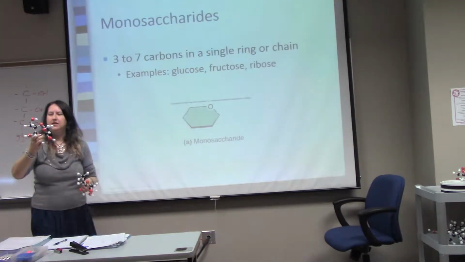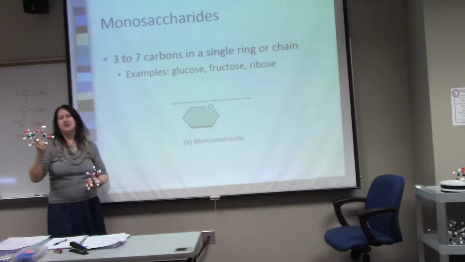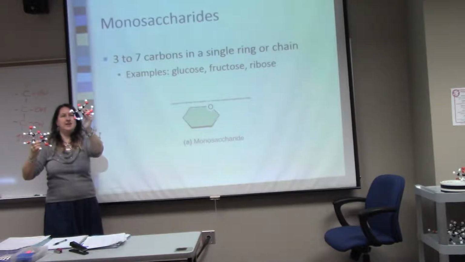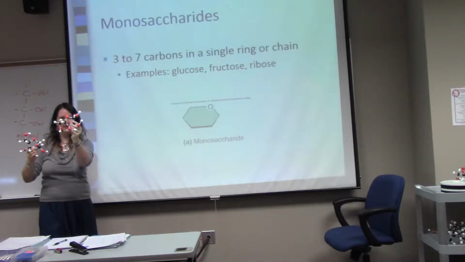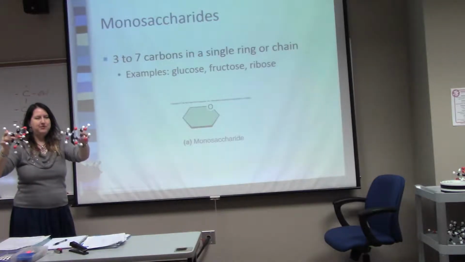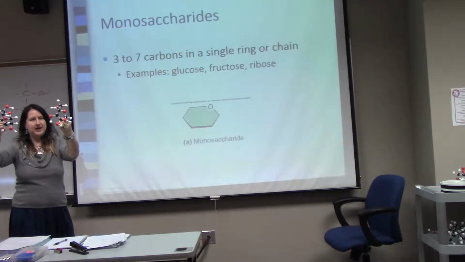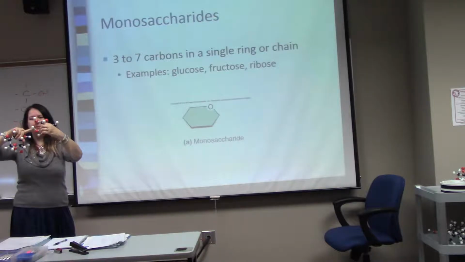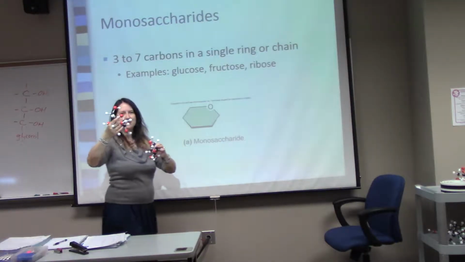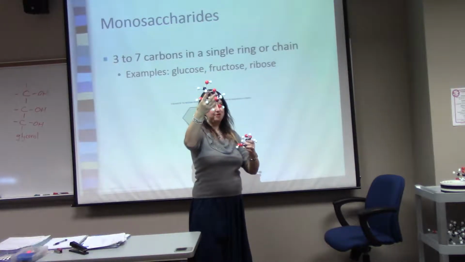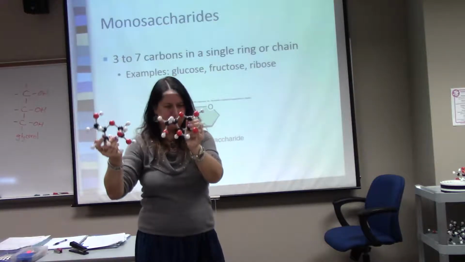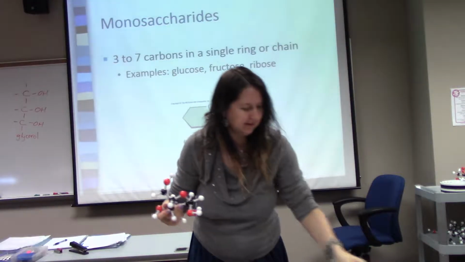Sometimes we'll give it a number ose for how many carbons are in it. So a pentose has 5 carbons, hexose has 6 carbons. Both of these examples are forming the ring, and you can see where each carbon has an oxygen attached to it. And one of those attached oxygens dropped its hydrogen and hooked onto another carbon to make that ring. So we'll pass these around for you to look at.